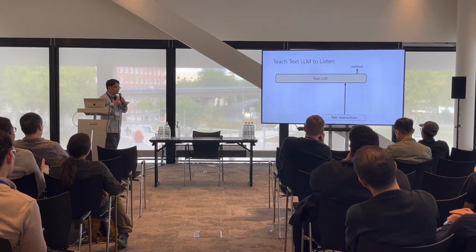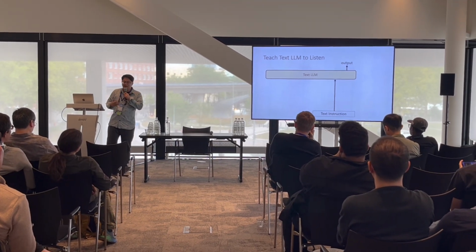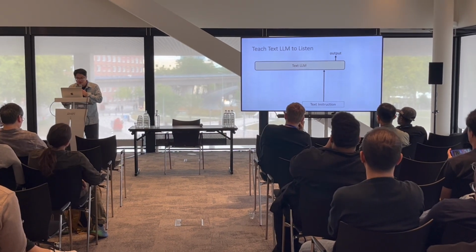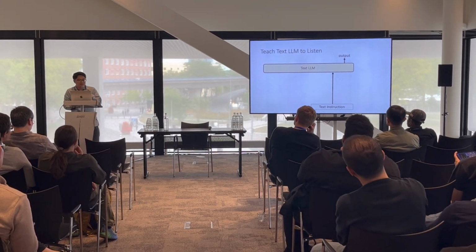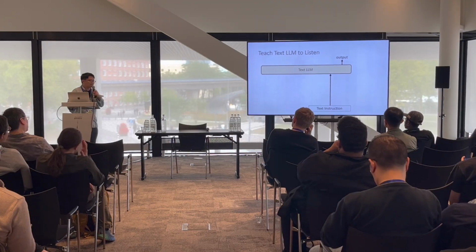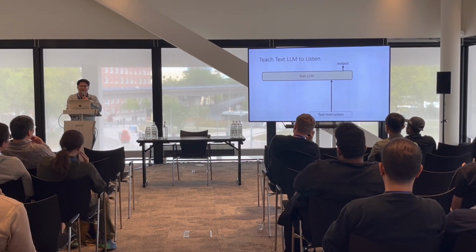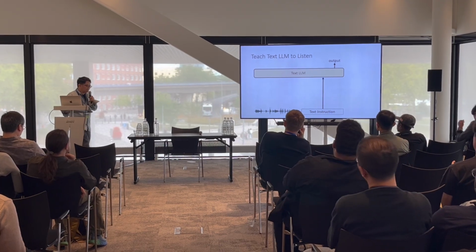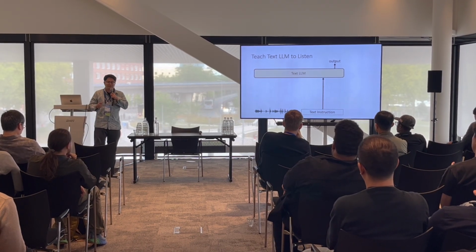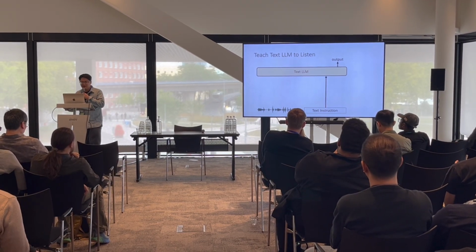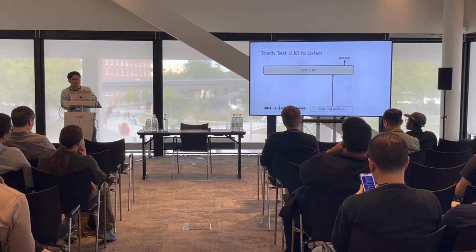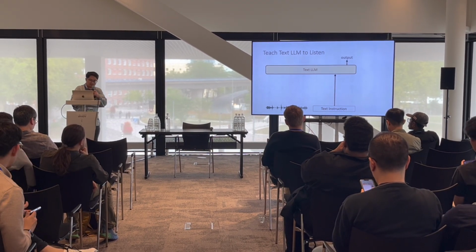How do we make a text language model listen? I believe you have seen a similar paradigm in many papers at Interspeech. The basic idea is you already have a text language model which can take text instructions as input and respond properly. What you have to do is teach the model to understand speech signals. Today, you will not directly give your text language models those speech signals because they are too sophisticated.